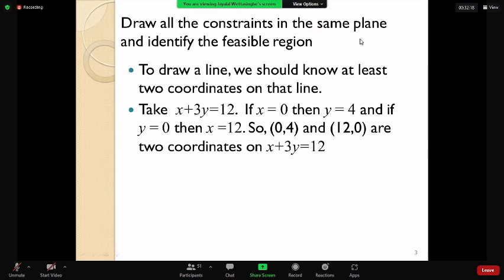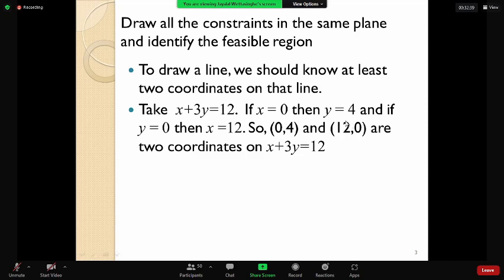Then you can do the same for the other variable also. Next, substitute y equals 0. When y is 0, x becomes 12, so (12, 0) is another coordinate. Then we have two coordinates, (0, 4) and (12, 0).